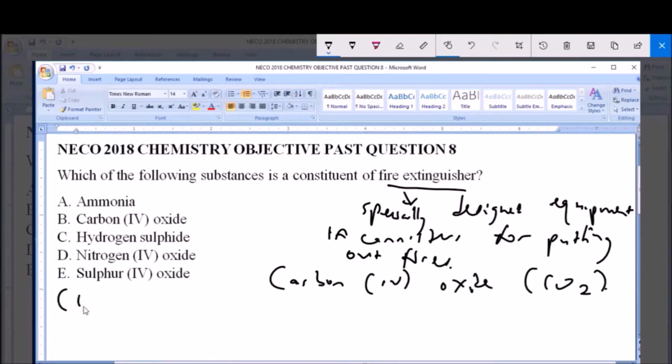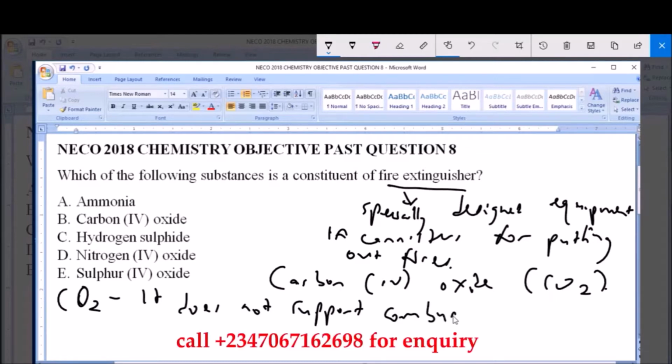Now, CO2 is used as a constituent in fire extinguishers because it does not support combustion or burning. Combustion is also known as burning.